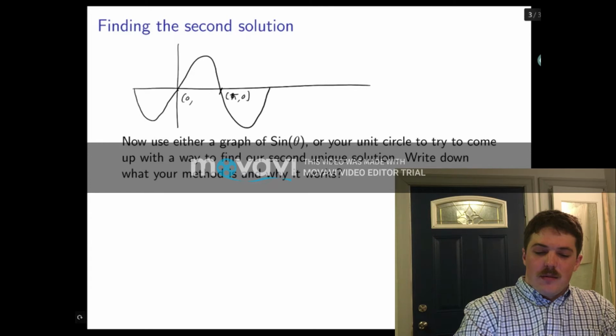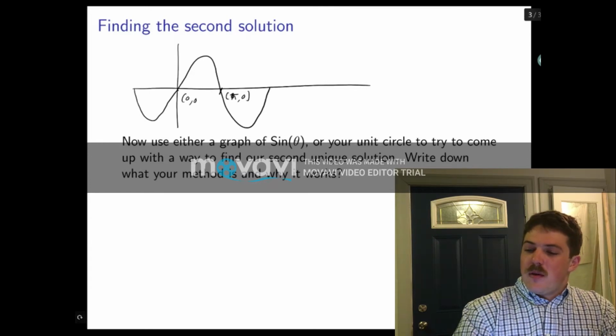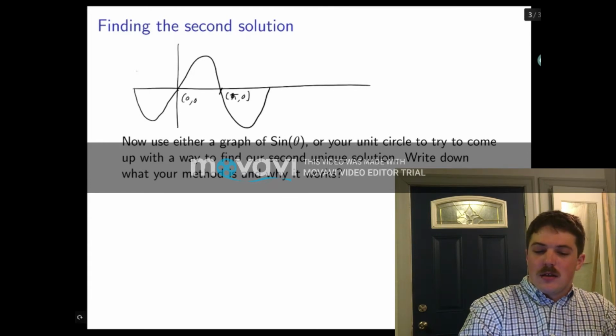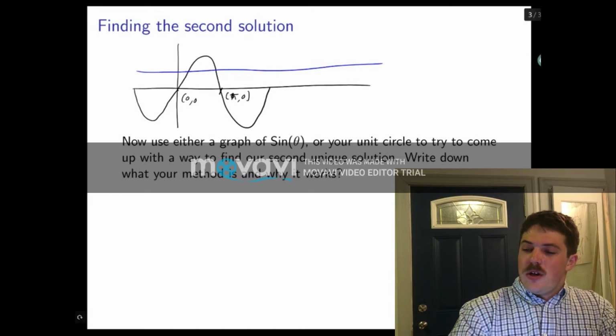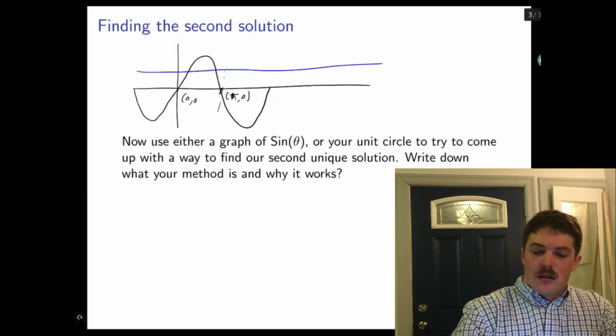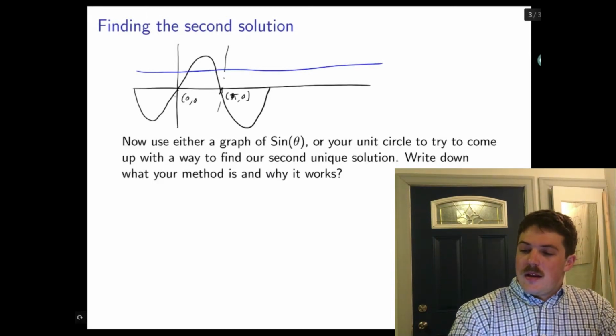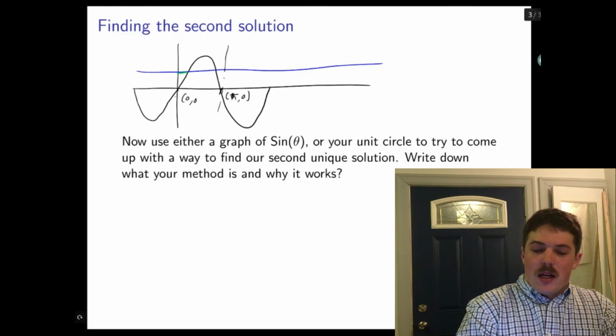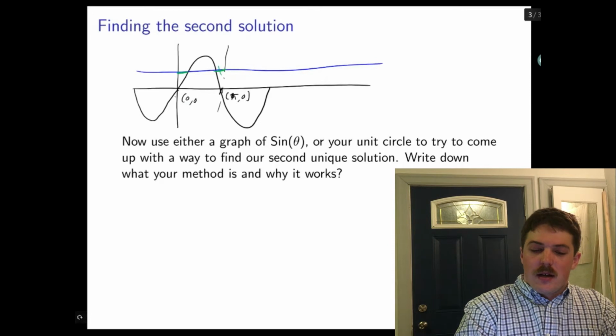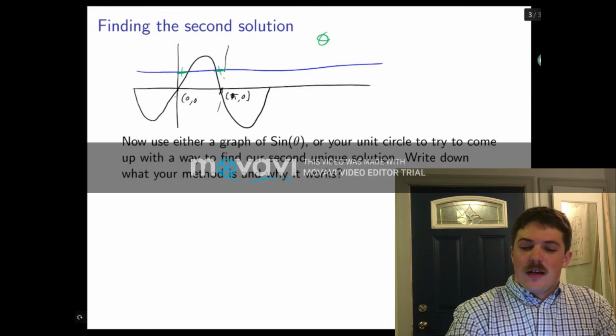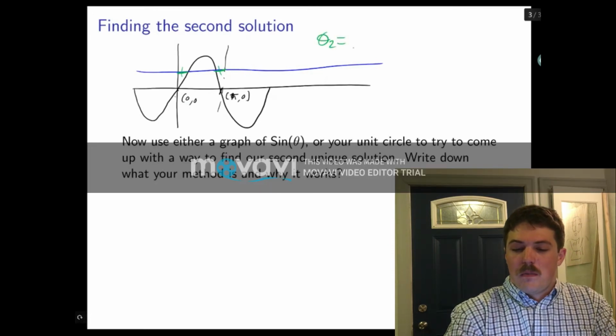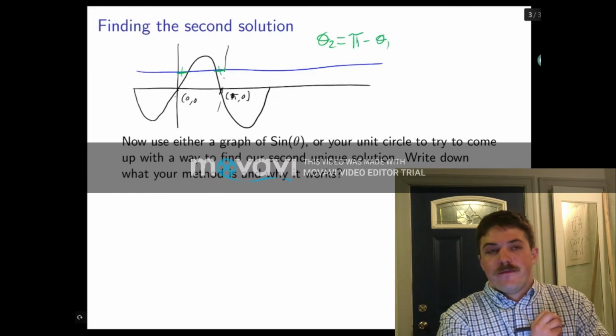Right here is 0, comma 0. And if we put that 1/2 across, we're going to notice that this distance right here is equal to this distance right there. So we can say that theta 2 is equal to pi minus theta 1.